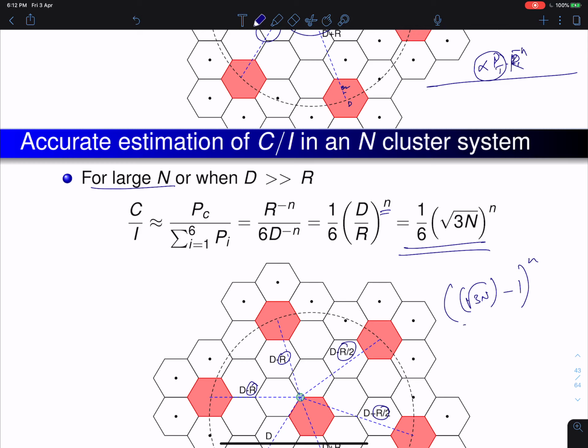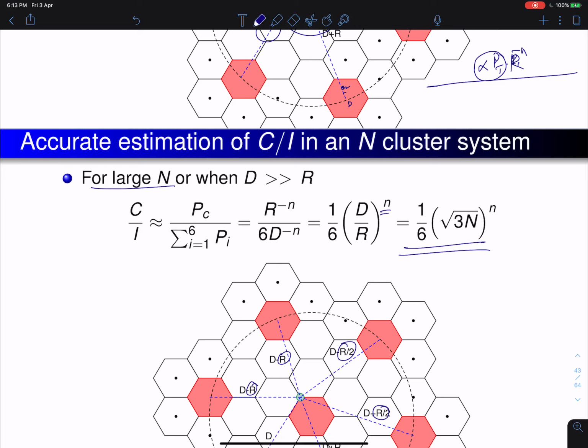Now there is an additional factor of 6. If I can ignore the 1, if n is really large, then it will be root of 3n, the whole power n. Now if I assume 6 interferers, I am going to get 1 by 6. The interferer power has increased by 6 times, so the carrier to interference ratio will go down by 6 times. So that's how you get this expression.